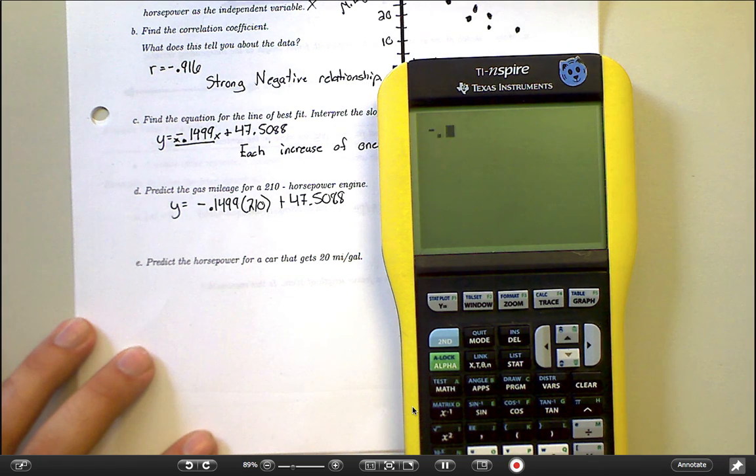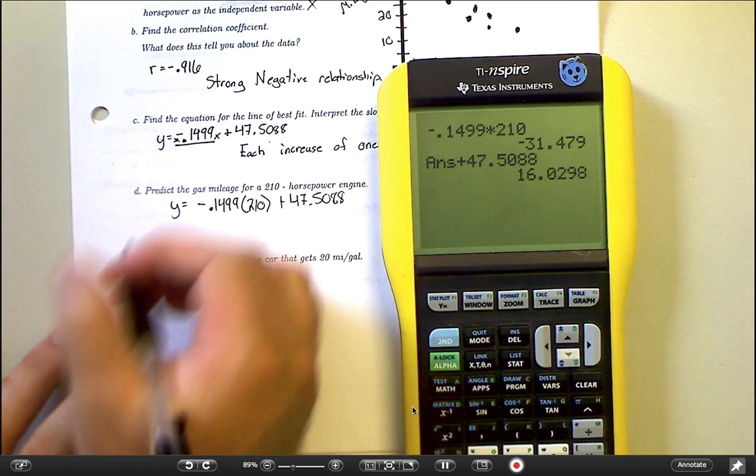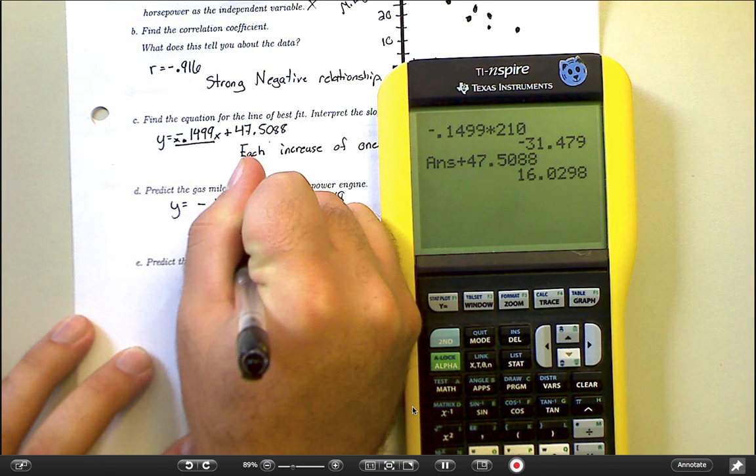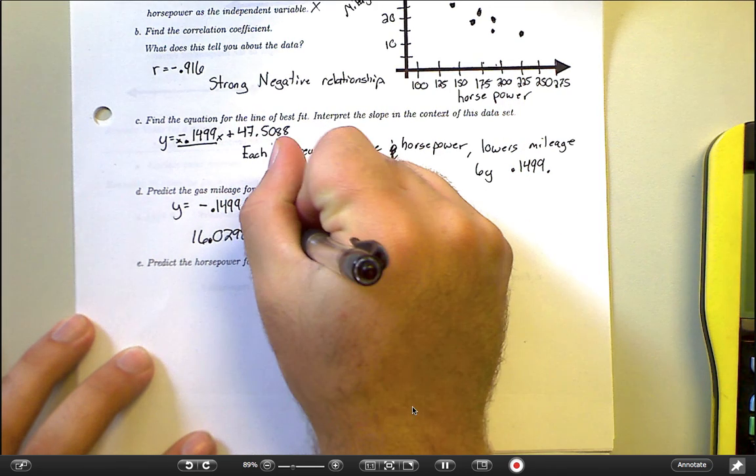I'm going to do negative 0.1499 times the 210. I'm going to do that part first, gives me negative 31.479. Again, not super important, but I need to add the 47.5088 to that, and I end up with 16.0298. Right, and that is miles per gallon.